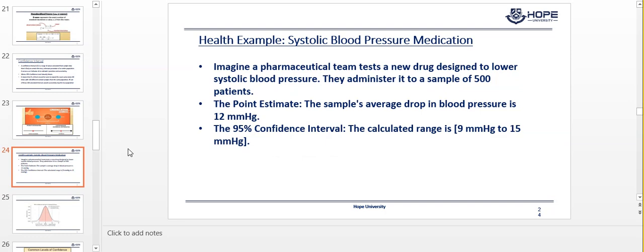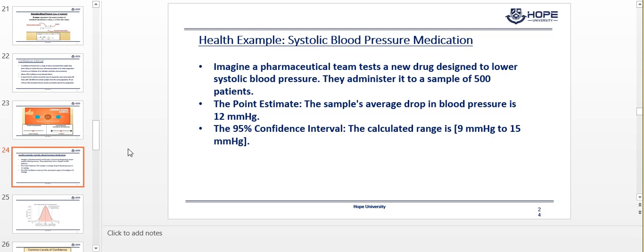For example, imagine a pharmaceutical team tested a new drug designed to lower systolic pressure. They administered it to a sample of 500 patients. The point estimate is that the sample's average drop in blood pressure is 12 millimeters of mercury, and the 95% confidence interval range is 9 to 15 millimeters of mercury.